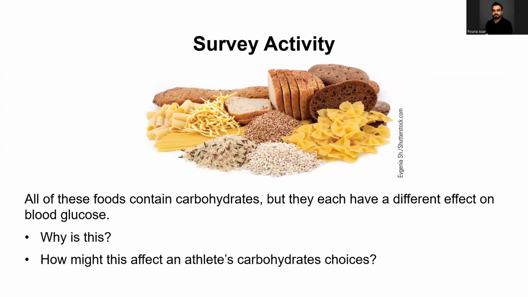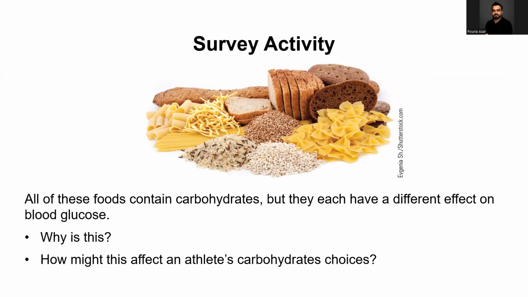All of these foods in the picture, we have bread, rice, pasta, legumes, contain carbohydrates, but they each have a different effect on blood glucose. Why is this? How might this affect an athlete's carbohydrate choices? So here's a question for you.